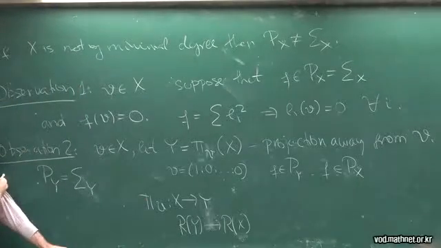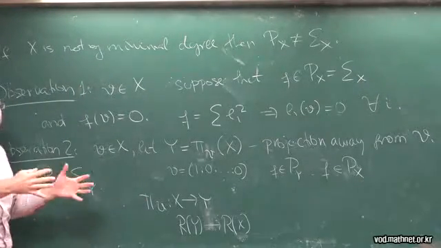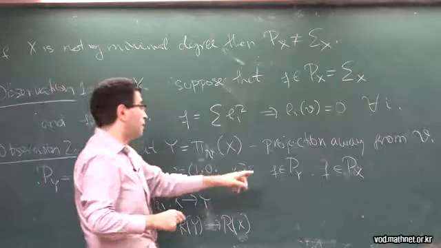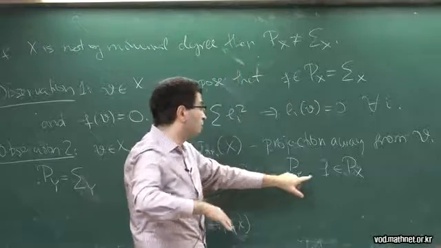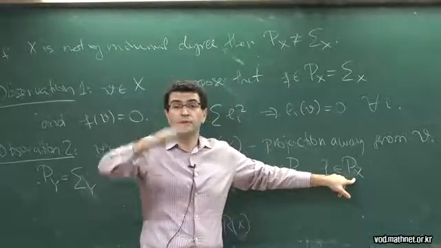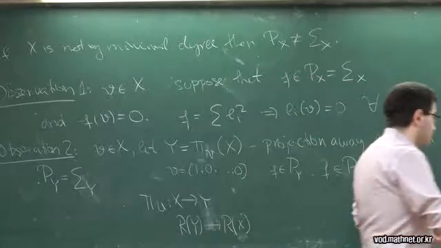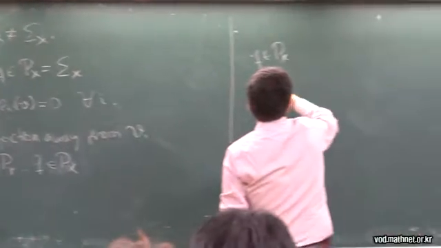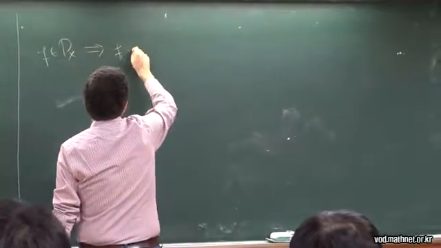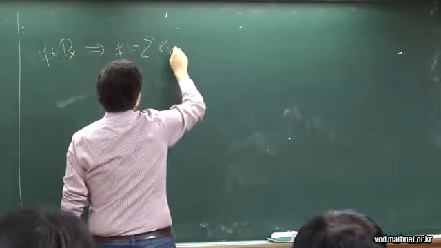But I'm just trying to be informal here. Basically, if f is non-negative on the entire projection, of course it's going to be non-negative on X. If it is non-negative on X, I can write it as a sum of squares. F is in P sub X, so I can write f as the sum of Li squared.